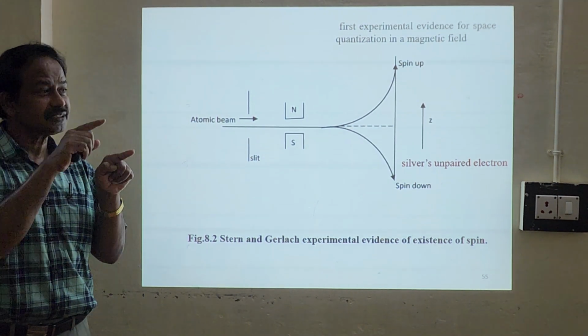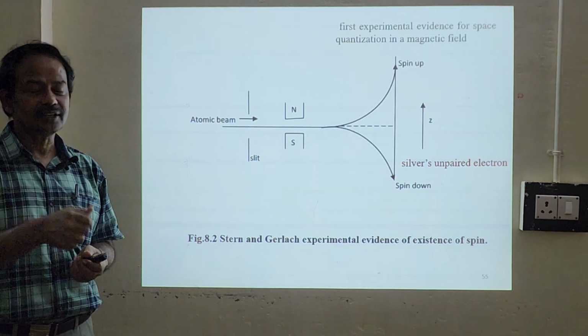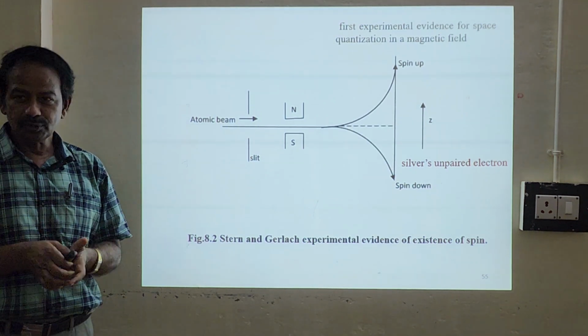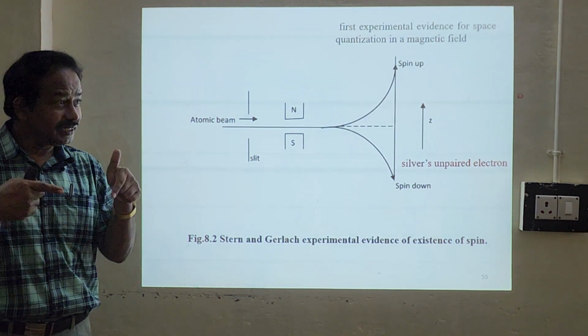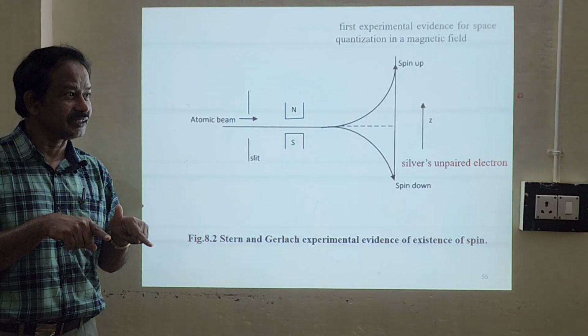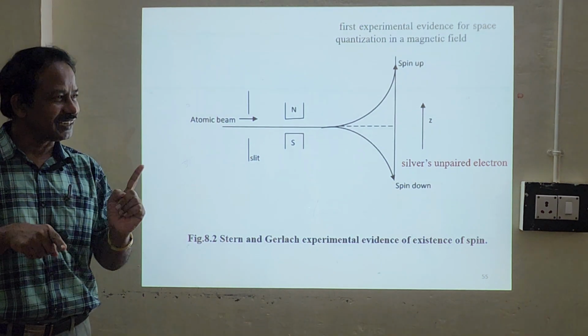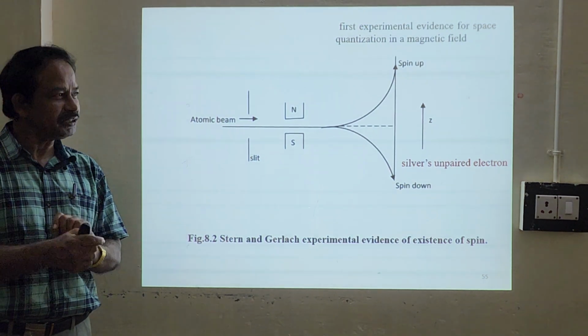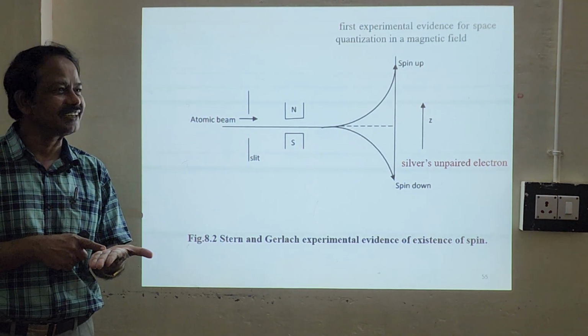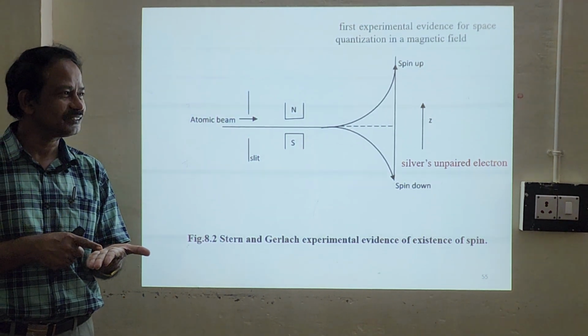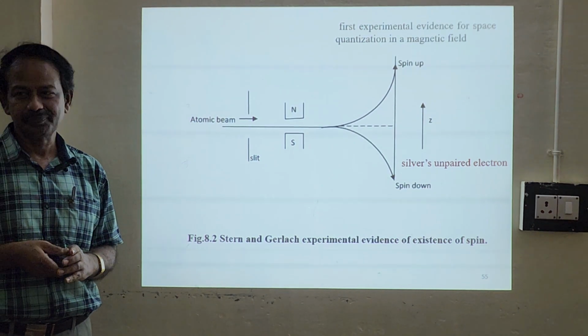That is why it comes out as half, exactly like tossing a coin. Before tossing the coin, we do not know whether it is head or tail. It is a linear combination of head and tail. The moment you toss the coin, only after that do you realize whether it is head or tail. This is exactly the same thing.